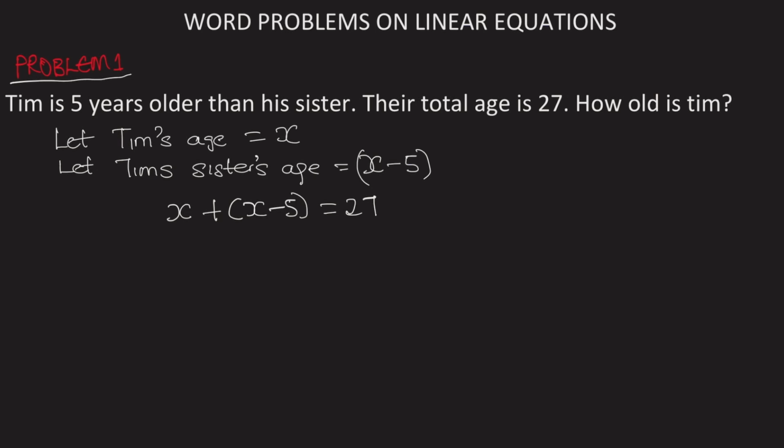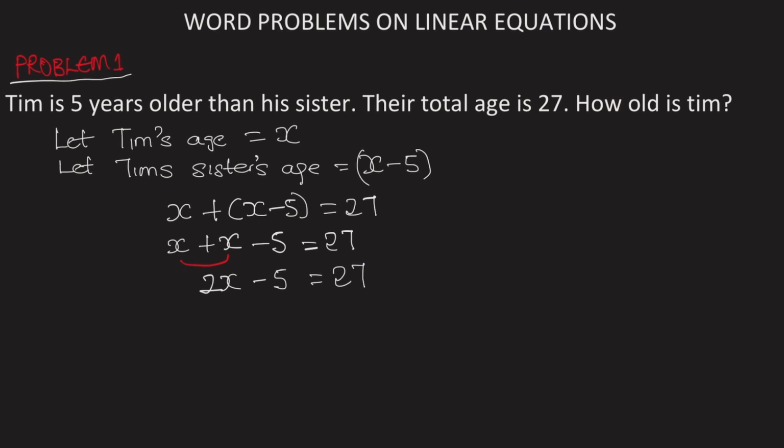So let's open the bracket. Because we are adding, plus times x will be plus x, plus times negative 5 will be negative 5, is equal to 27. From here, we can add these two x together, which gives us 2x minus 5 is equal to 27.